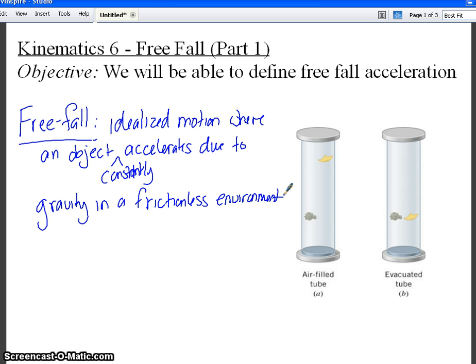Okay, idealized motion where an object constantly accelerates due to gravity in a frictionless environment.